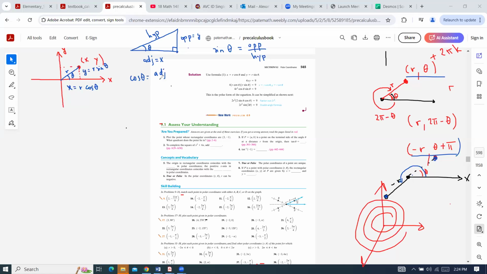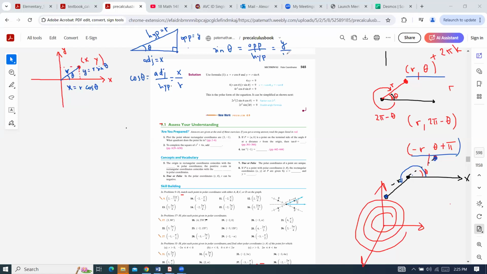So we're going to put our letters for hypotenuse, that's r, right? Remember, distance from pole, r. And for adjacent is x, so that's x over r. And analogously, for the sine, it's going to be y over r.